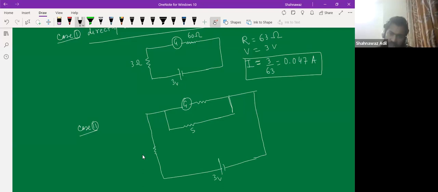This is 3 ohm. This is the galvanometer resistance, which is 60 ohm. This is the shunt resistance.